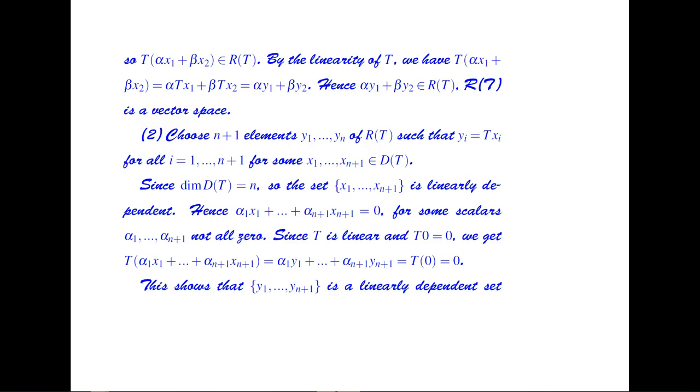Hence alpha1 x1 + ... + alpha(n+1) x(n+1) = 0 for some scalars alpha1, alpha2, ..., alpha(n+1), not all of which are 0.